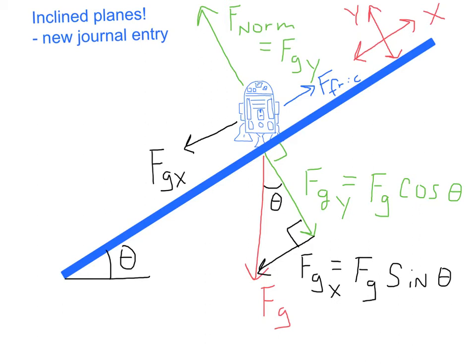And you guessed it, the force of friction, you already know the equation. It's the coefficient of either kinetic or static times the normal force. And so now you can figure out all of your forces.